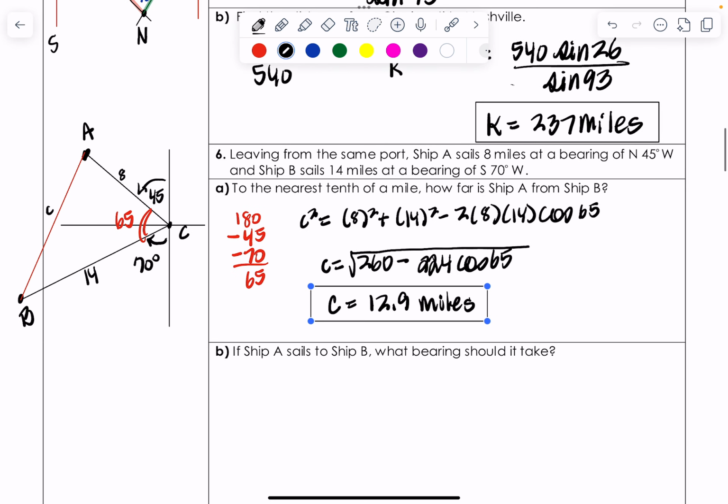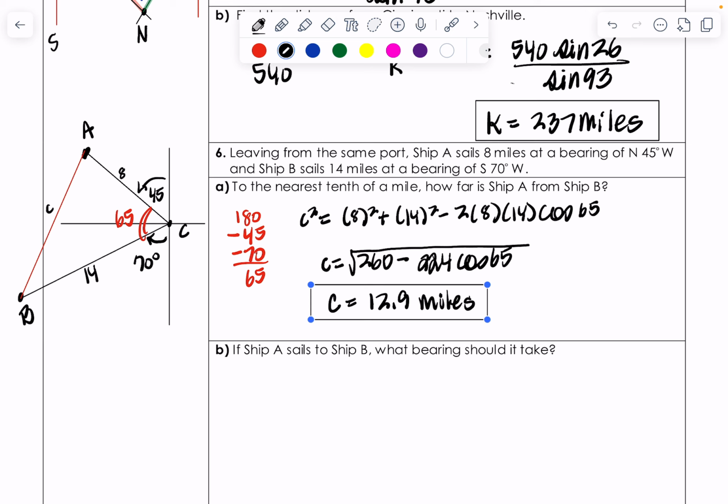Now, if ship A sails to ship B, what bearing should it take? Oh, that one's a little more complicated. A goes to B. Let's see if we can figure this one out. If A goes to B, so I'm going to draw a north-south line here from A. So basically, I'm going to need, which distance is that?